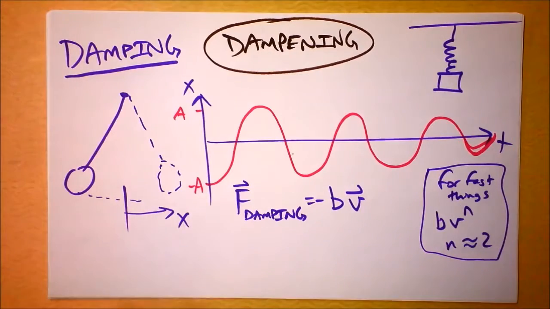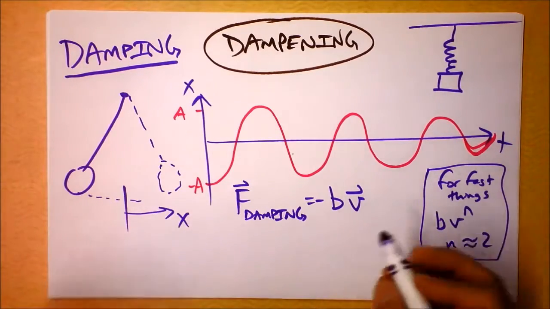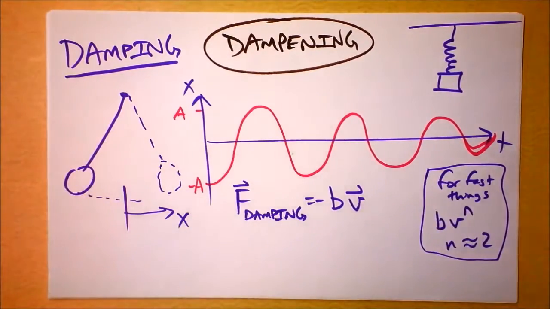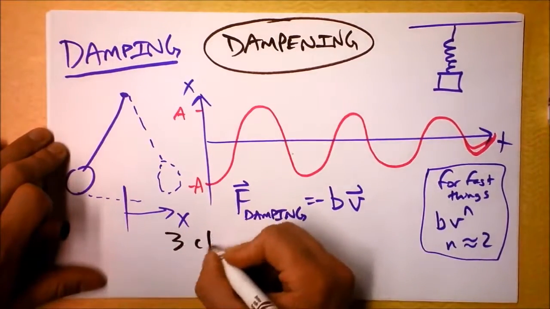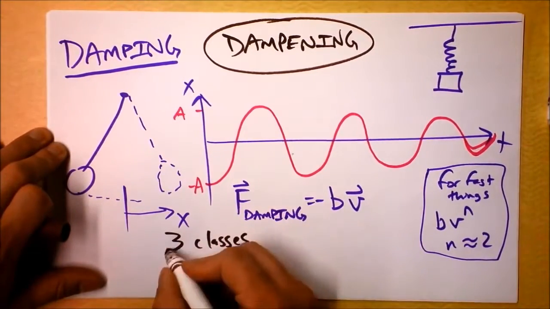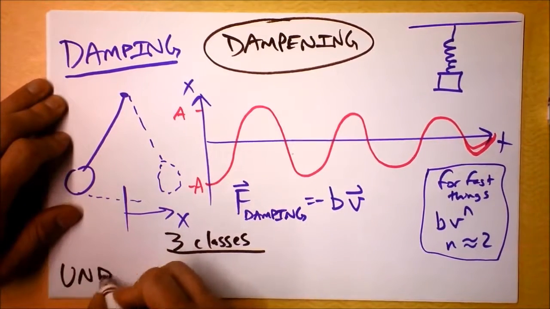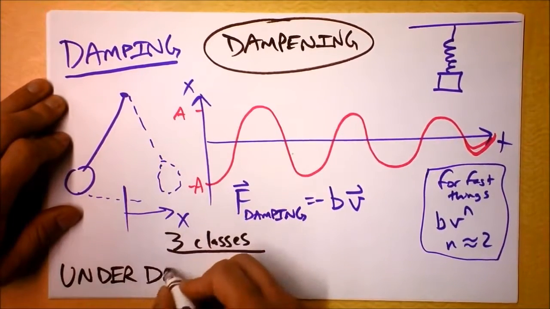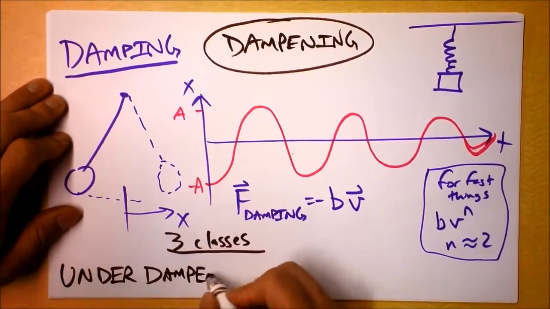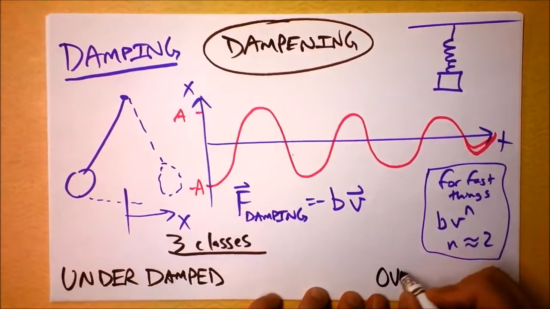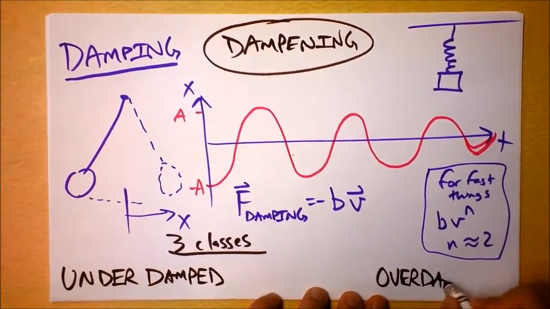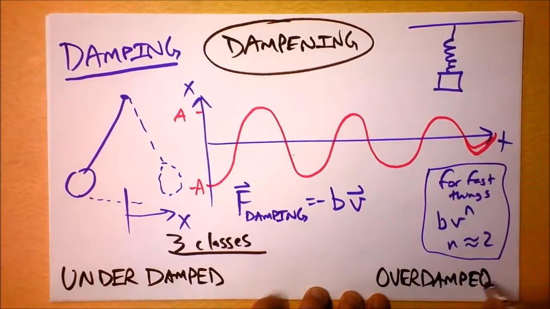Sure. So what we know about damping is there are 3 classes of damping. And the 3 classes of damping are underdamped, overdamped, and critically damped.